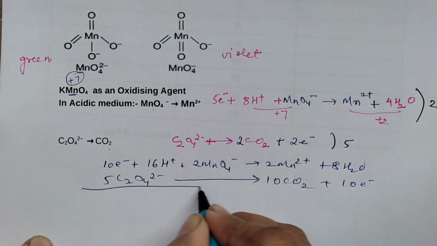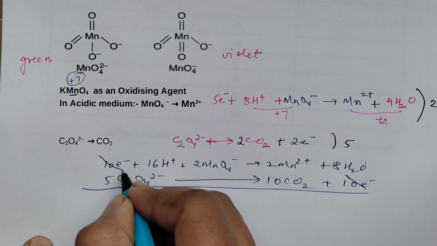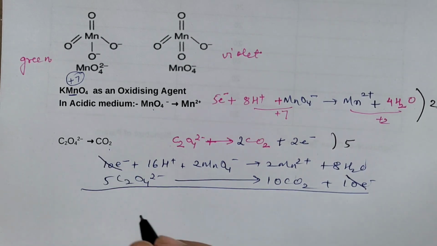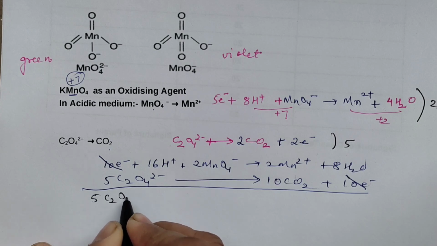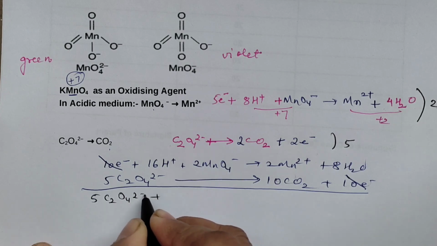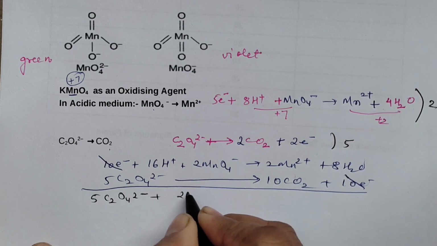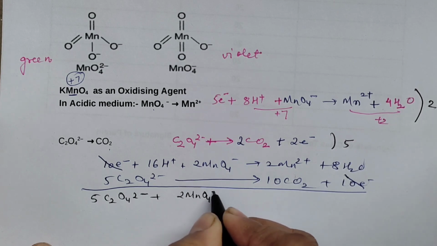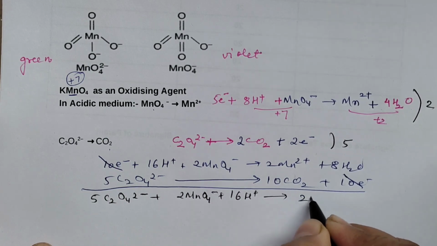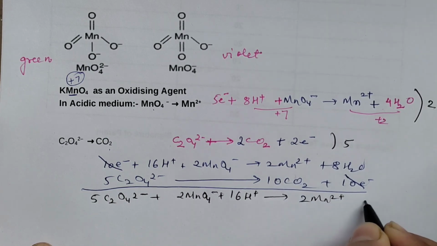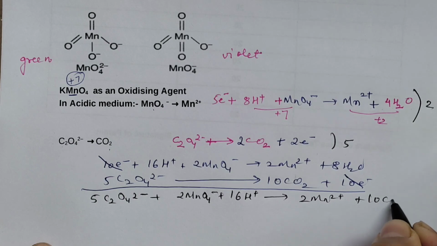So when you add them, your electrons get cancelled, right? You are left with this equation: 5 C2O4 2 minus, and the Mn part, 2 MnO4 minus plus 16 H plus, gives you 2 Mn2 plus plus 10 CO2 plus 8 H2O.